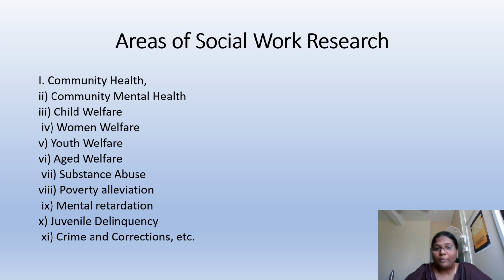When we talk about community health or community mental health, community includes all the 3 major communities: tribal, rural and urban. In all the 3 communities, we can execute our research work. So the list of areas determines our research work.